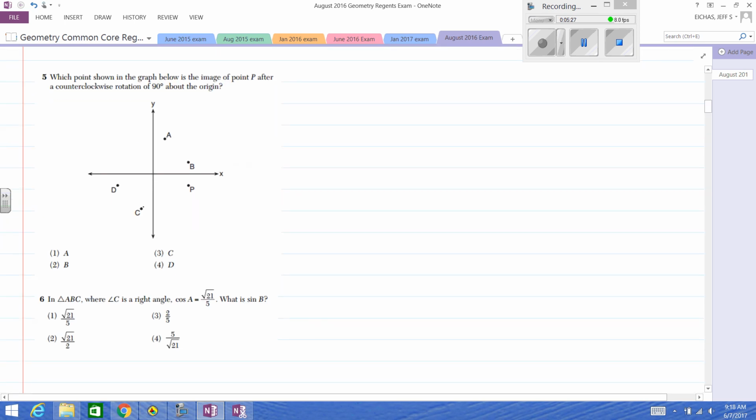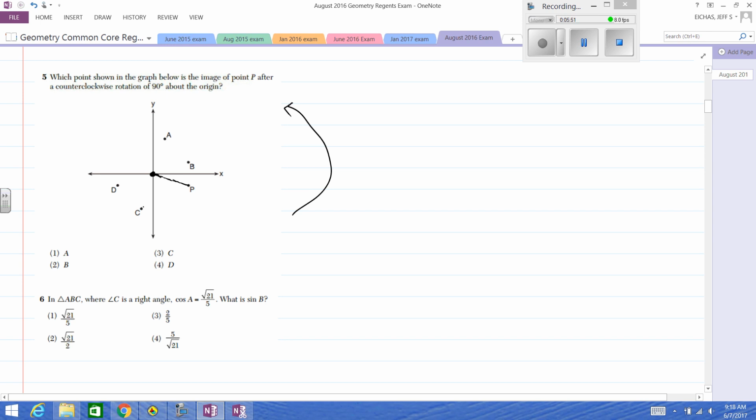All right, we want to go counterclockwise. That's this direction. We want to travel this way. That's actually the way we're supposed to travel unless they tell us otherwise. So what does it mean to take a point and rotate it about the origin? Basically whatever this distance is has to continue.